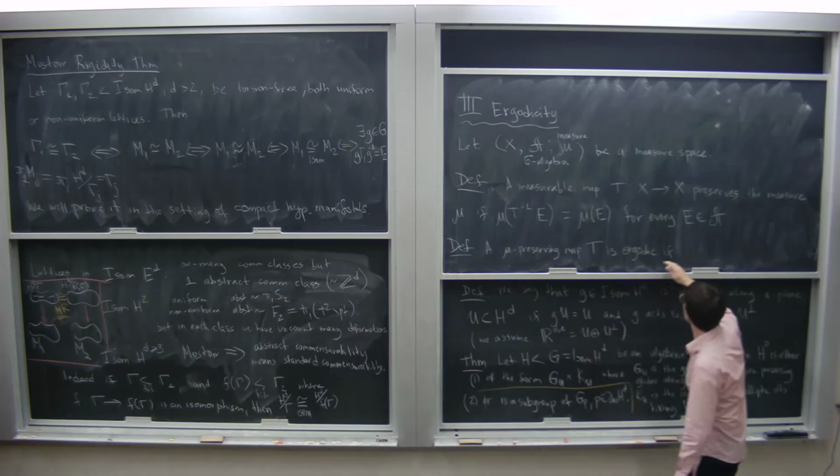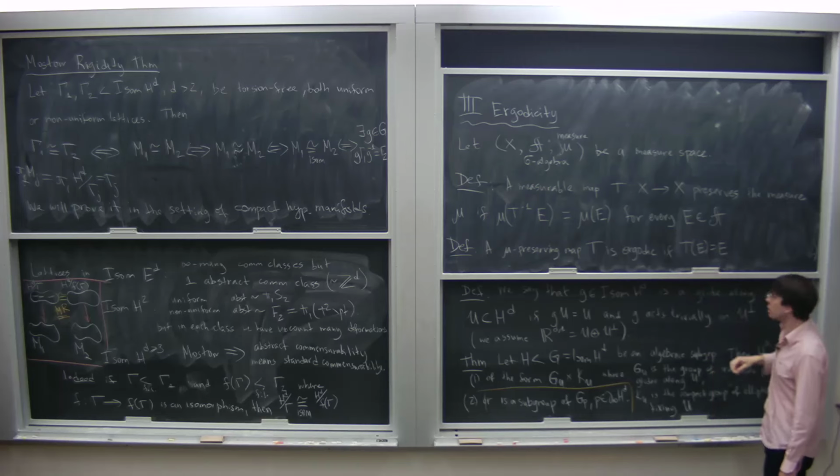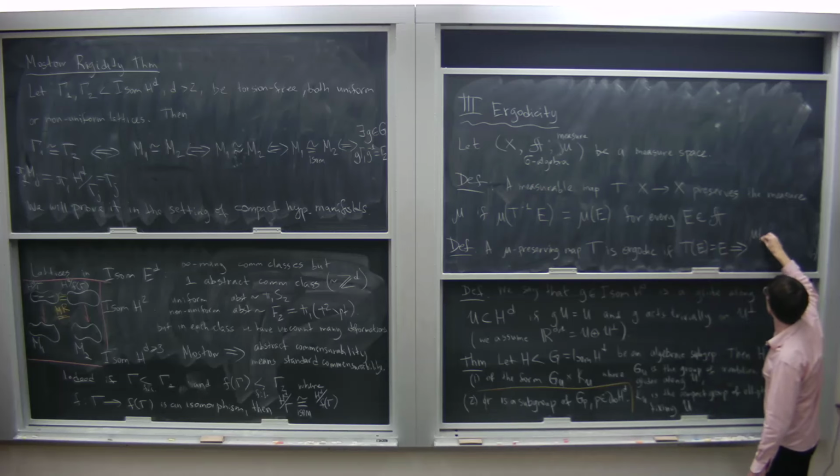So if T of E is E, this implies that the measure of E is zero or the measure of X minus E is zero.